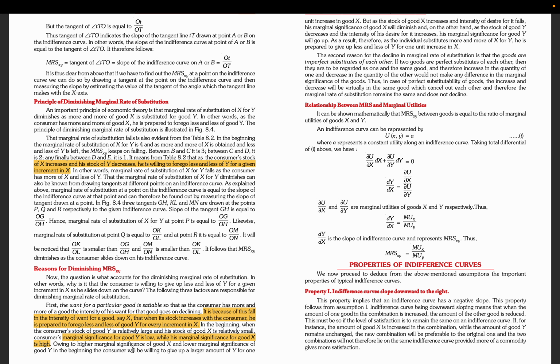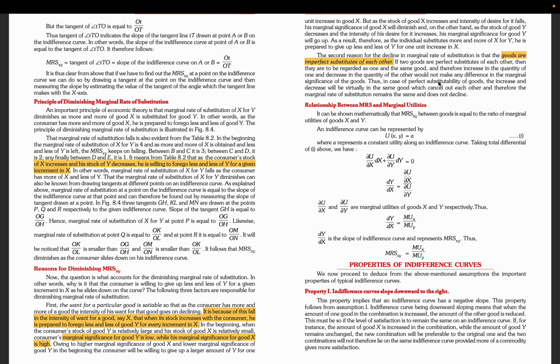The second reason for the decline in marginal rate of substitution is that goods are imperfect substitutes of each other. If two goods are perfect substitutes of each other, then they are to be regarded as one and the same good, and therefore an increase in the quantity of one and a decrease in the quantity of the other would not make any difference, because they are essentially the same, right? Because they're perfect substitutes, it would not make any difference in the marginal significance of the goods.